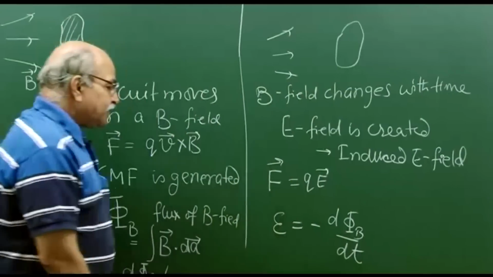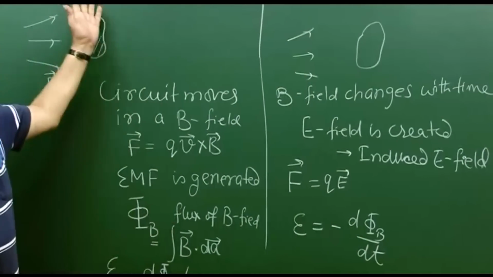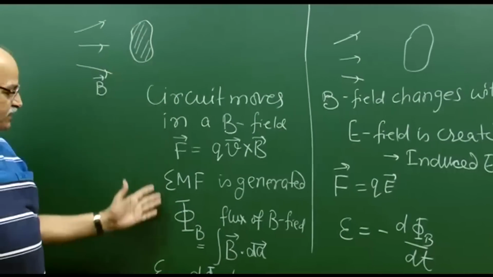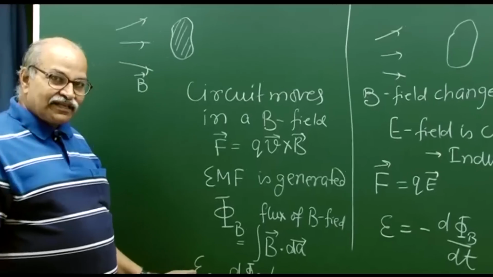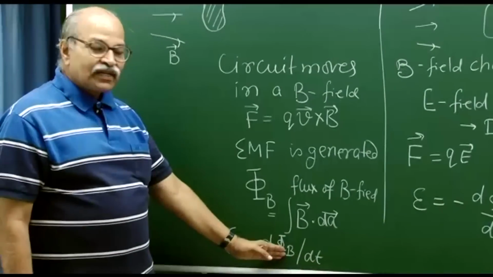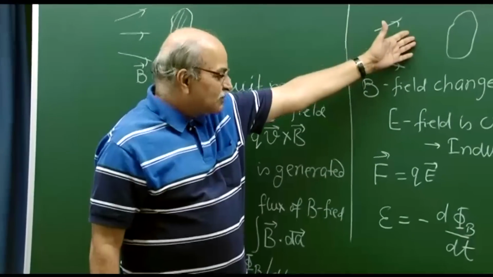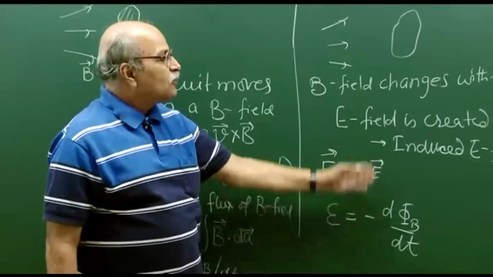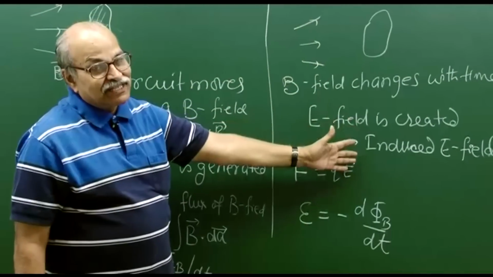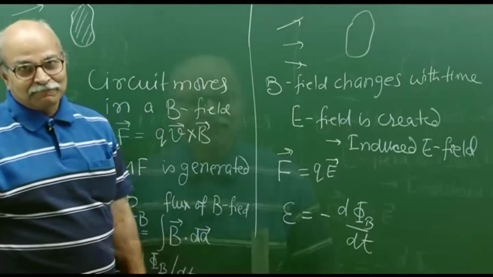A very, very interesting situation. Here totally the mechanism is different, and the EMF which is generated is given by this rule, and here also the EMF is given by the same rule, although the mechanism is very, very different.